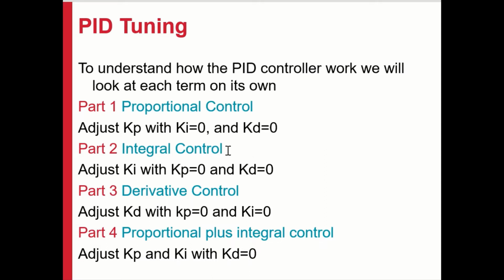Then integral control, where we change Ki but with Kp and Kd set to 0. Derivative control, change Kd with Kp and Ki set to 0. Then proportional plus integral control, where we have Kp and Ki. And in part 5, we look at proportional plus integral plus derivative control.